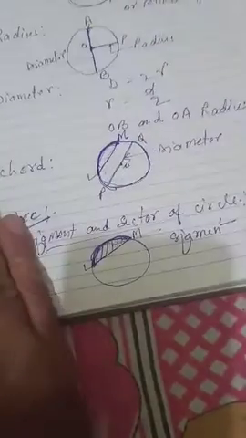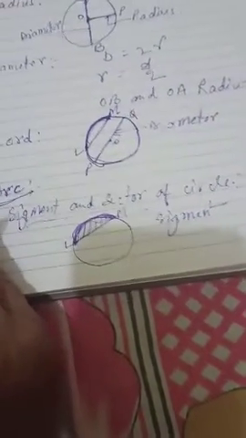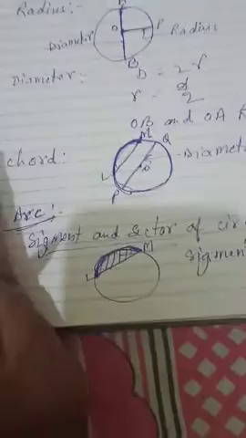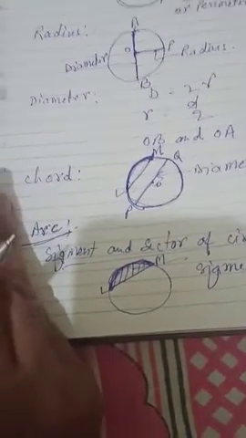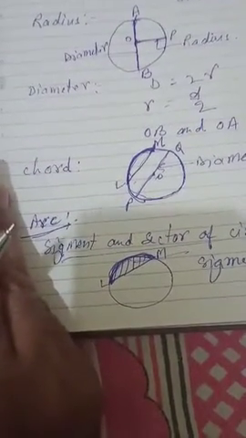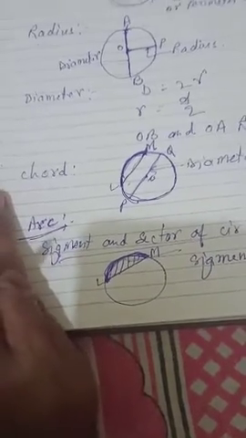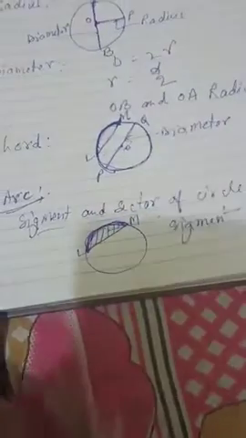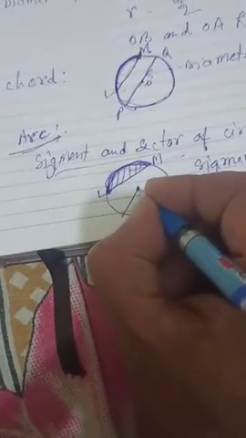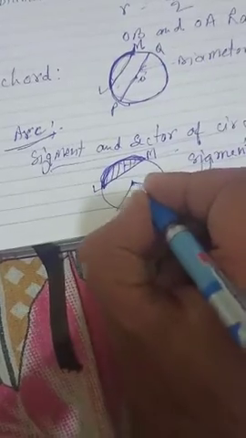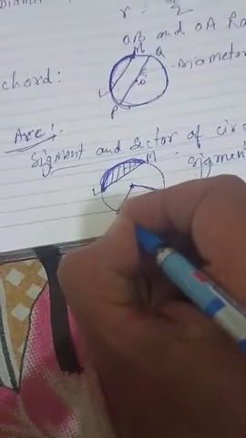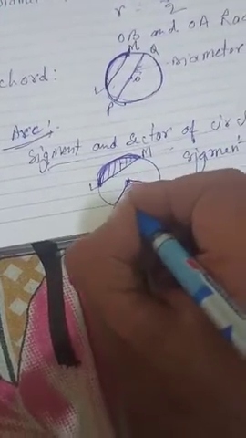The definition is: the segment is the region between the chord and the arc. The shaded portion is called the segment. Now the sector. The center point with two radii gives the region between them.